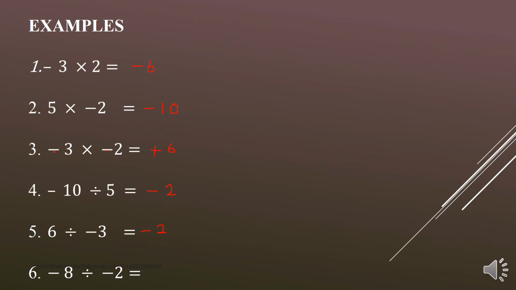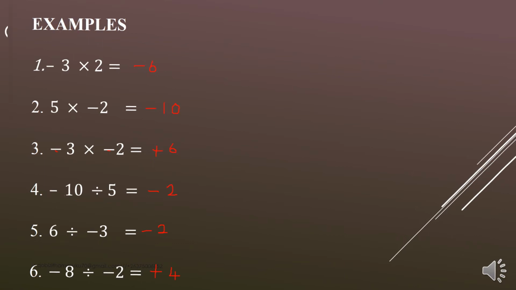And the last one says minus 8 divided by minus 2, so our result is always positive 4. That's all about formal rules in mathematics.